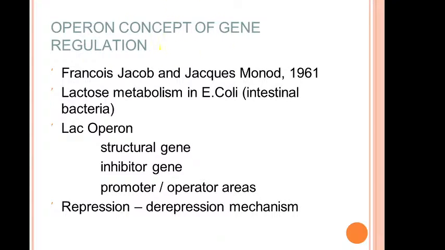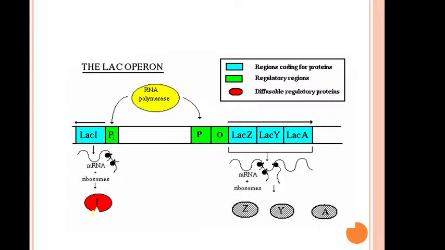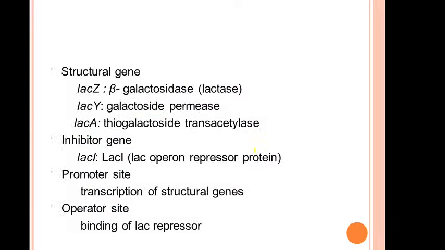This is the operon model given by Jacob and Monod in 1961, also known as the lac operon model or lactose operon. It consists of structural genes, an inhibitor gene, a promoter and a repressor. In the absence of lactose, the repressor will bind with the operator and the promoter will not be able to enhance the reaction.